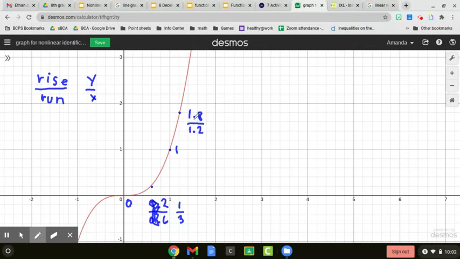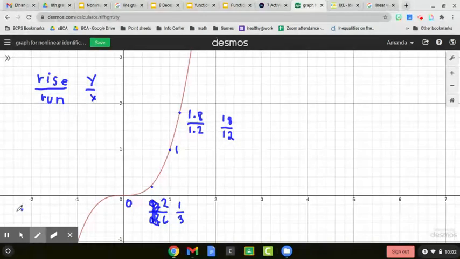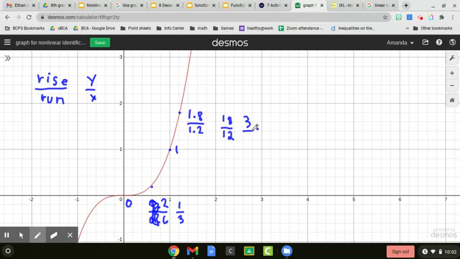We can scale it up. If I multiply both of these by 10, I get 18 over 12. And then I can start simplifying. Both of these are divisible by 6. So 18 divided by 6 is 3. 12 divided by 6 is 2. And we end up with a slope of 3/2.